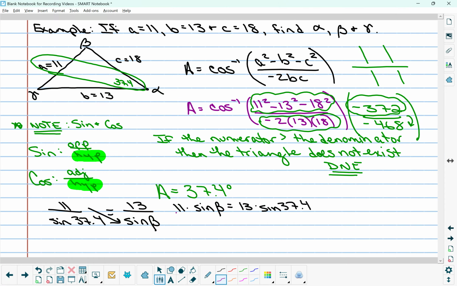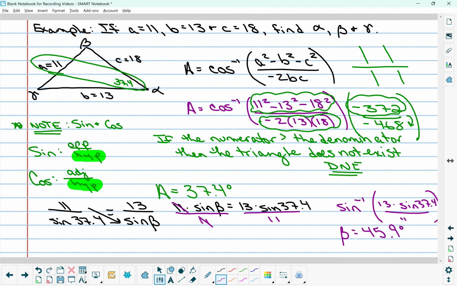And then I'm going to divide both sides by 11. That'll cancel that. And then I'm going to go inverse sine, right? Inverse sine of 13 times sine 37.4 over 11. And when I do that, I get B or beta is equal to 45.9.